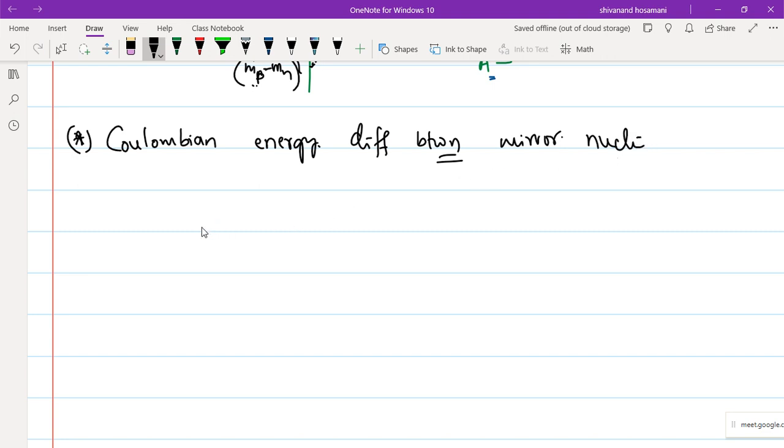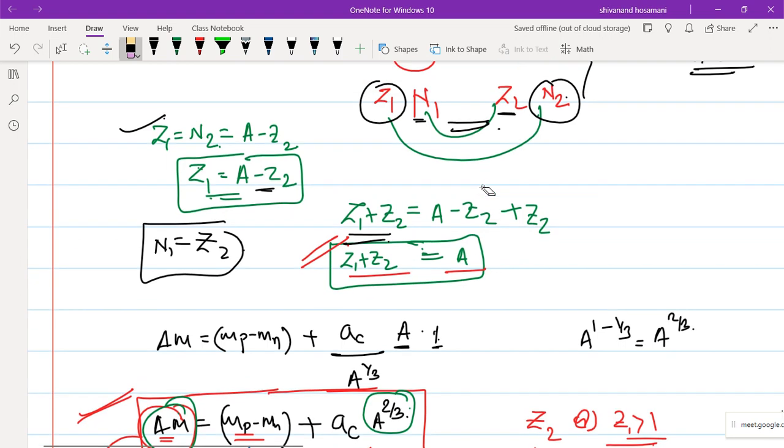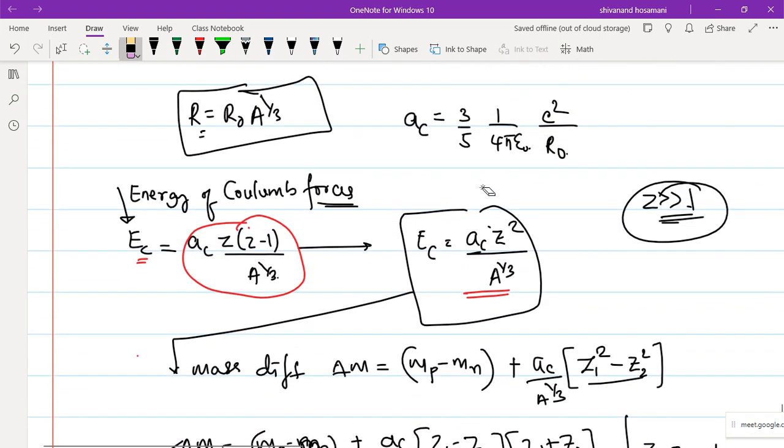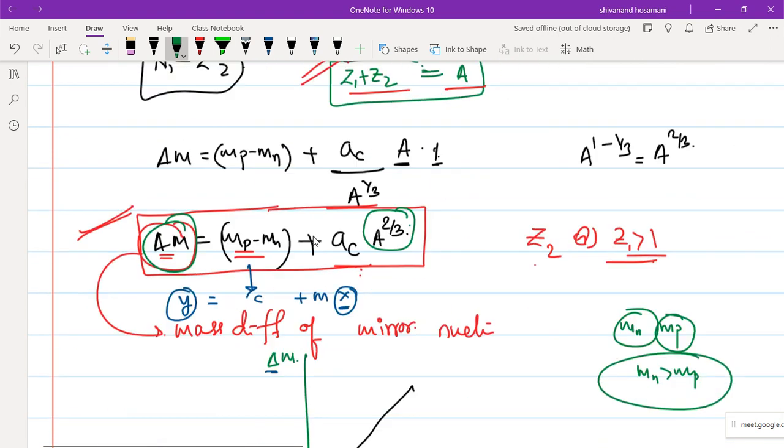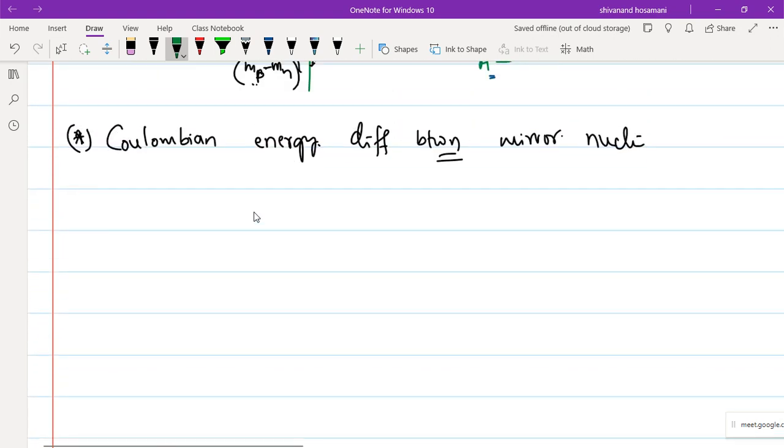If you take the delta, that is AC, what does AC depend on? So just we got here, right? What is that AC? AC we know this term, right? Generally for heavy nucleus, we will rewrite AC: the Coulombian energy of any nucleus is given by AC divided by A to the power of 1 by 3 into Z square.